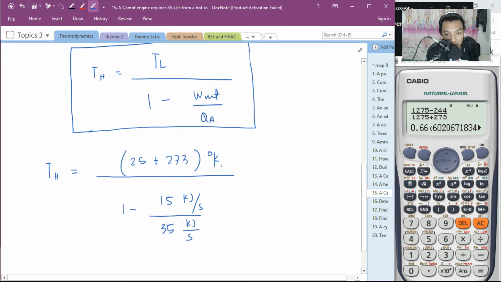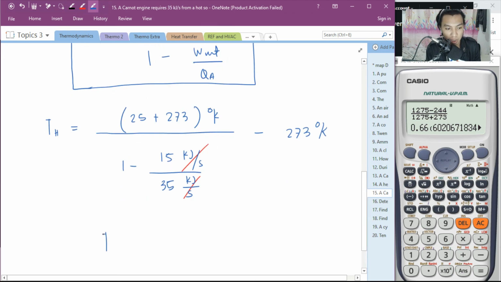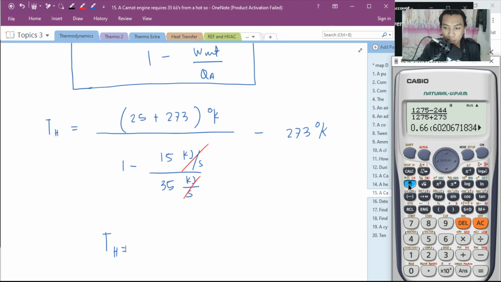Ang lalabas Kelvin. O, di minusan mo ng 273 para maging degree Celsius. Cancel natin yung same units, kilojoule per second. Ngayon minusan mo ng 273, lalabas dyan kaagad is degree Celsius. T high. Okay. Solve mo na. Nagawa mo na yung algebra, nilagay mo yung value as is, ganun na ang solving niya. Mabilis lang.